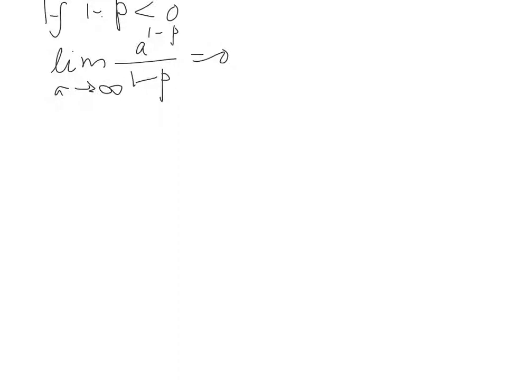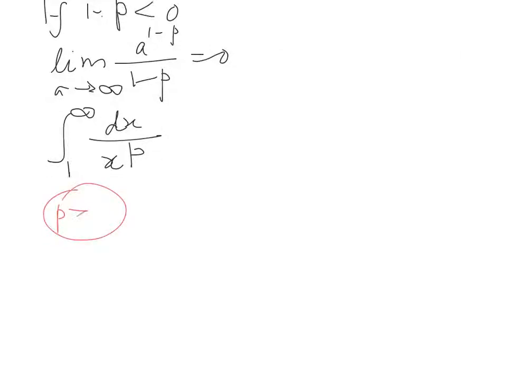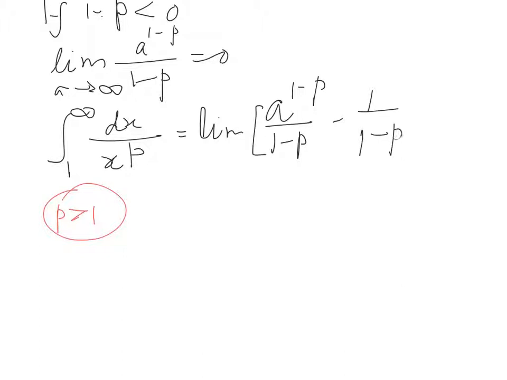Hence, the integral from 1 to infinity of dx over x to the p, and we are considering the case p greater than 1, so that 1 minus p is less than 0, is equal to the limit of a to the 1 minus p over 1 minus p minus 1 over 1 minus p as a approaches infinity.